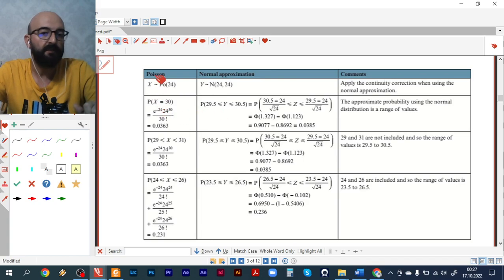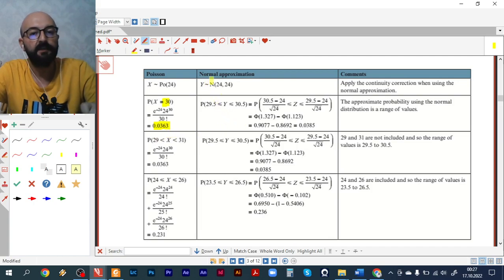For example, if you want to find the probability of 30 using the Poisson distribution formula, you can find 0.0363.